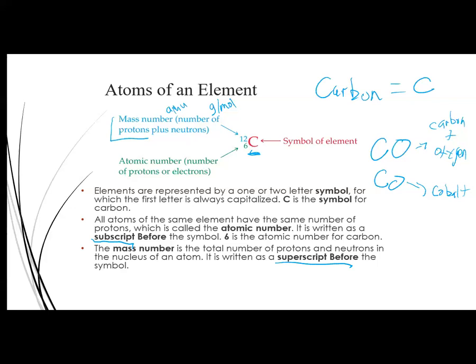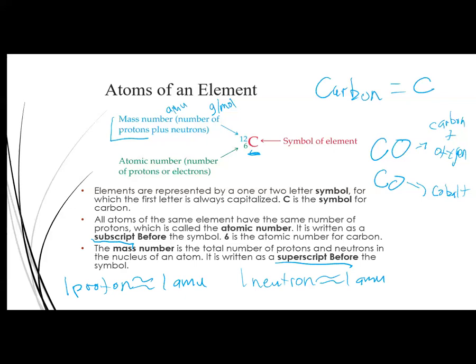Now, when we talked about our masses, we said that our neutrons and our protons are a lot bigger in mass compared to an electron. One proton is just about 1 AMU. One neutron is just about 1 AMU.